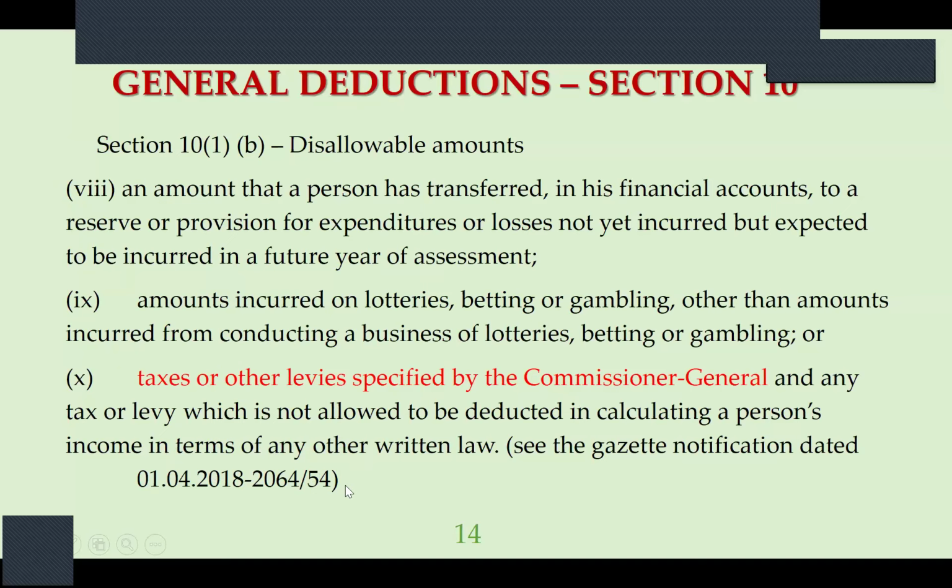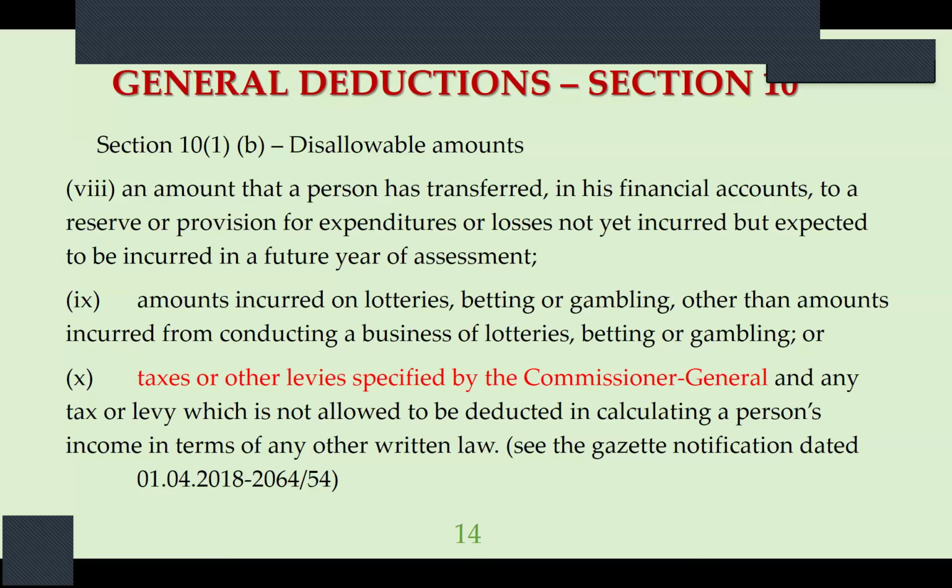In item 10, it says the taxes that are deductible under this act are also not allowable as a deduction. As well, other taxes and levies are specified under item 10. All these taxes or levies are not allowable as a deduction.